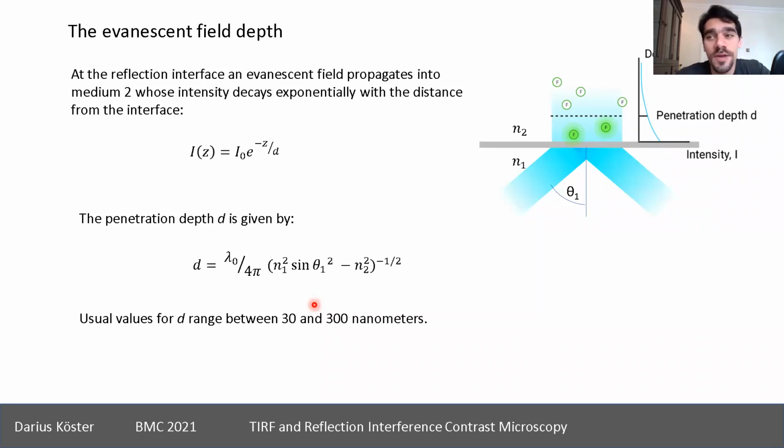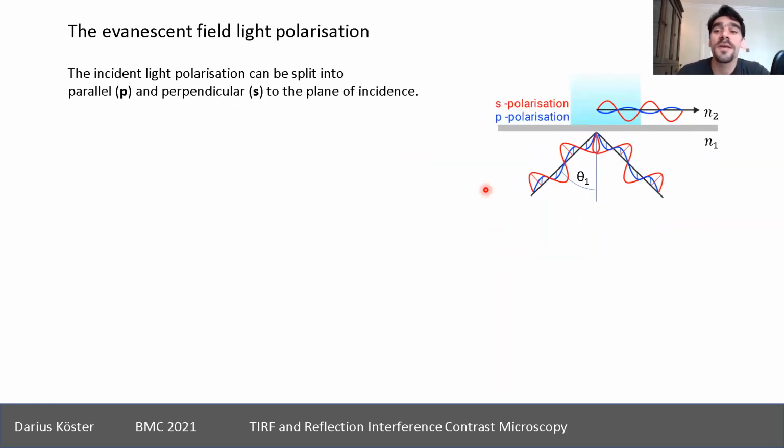But as you also know, light is not only an intensity, light also has a polarization. So now we can ask what happens with the polarization of light, which for some applications is important, for others maybe less so. I hope I managed to draw this in an understandable way. If you think about light polarization, you can always divide your light into two polarization planes: one that is parallel to the plane of incidence, and one that is perpendicular.